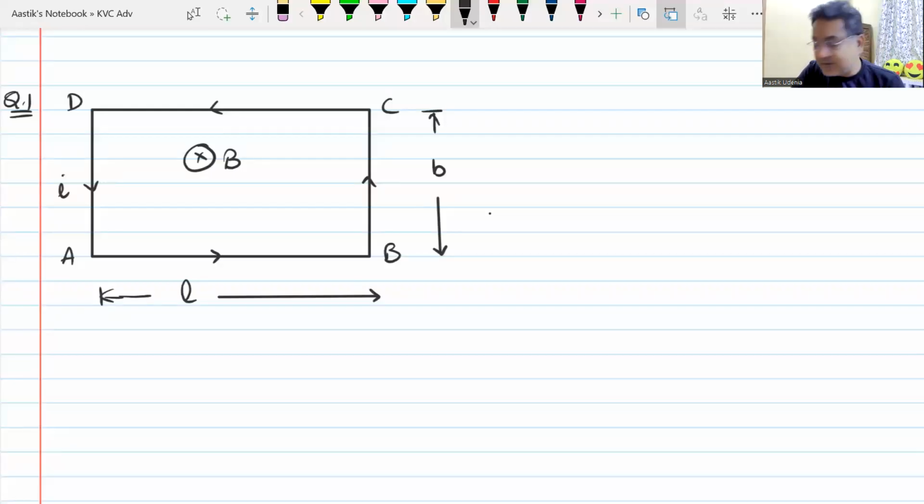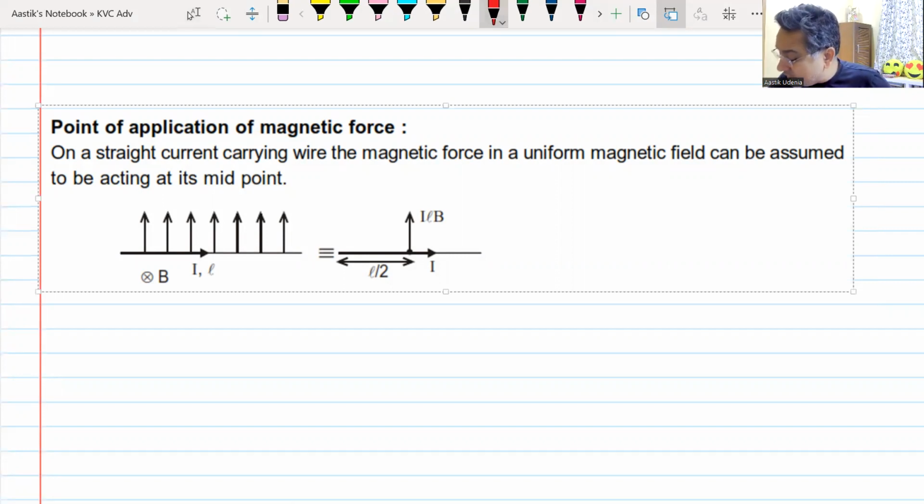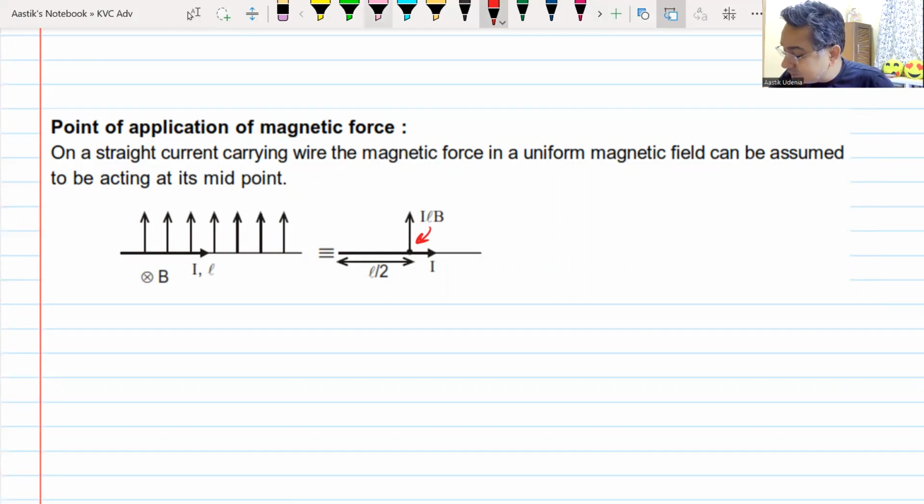Before solving this question, you can write a simple point: if the wire is straight and the magnetic field is uniform, you can assume that the force acting on the wire is acting at the midpoint of the wire.